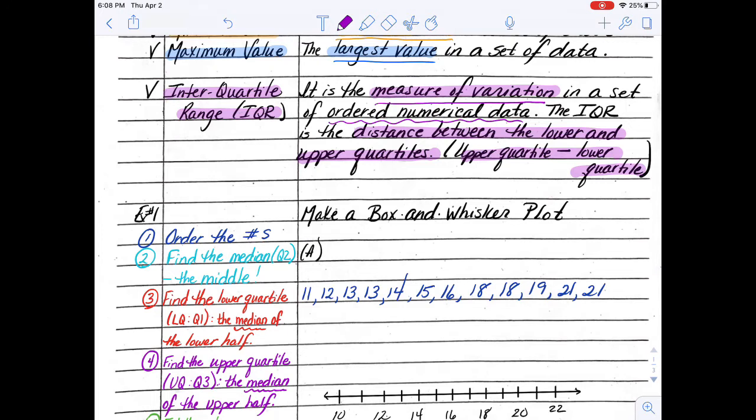But how we find the interquartile range is it's the distance between the lower and the upper quartiles. In other words, you just basically take that upper quartile, subtract the lower quartile, and that is your interquartile range. Just like when we were working with range of taking your largest and subtracting your smallest.